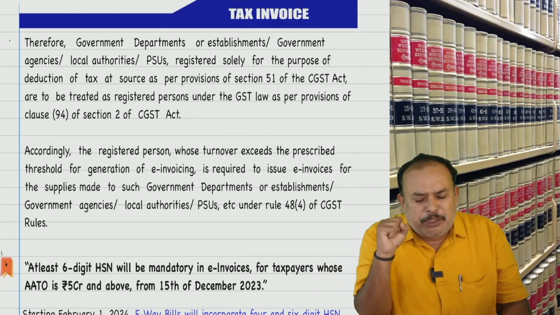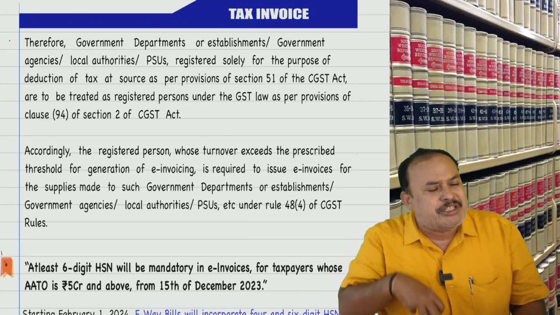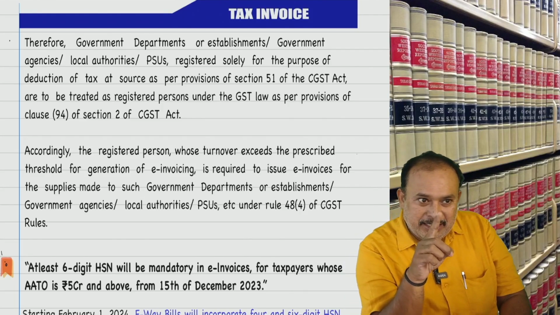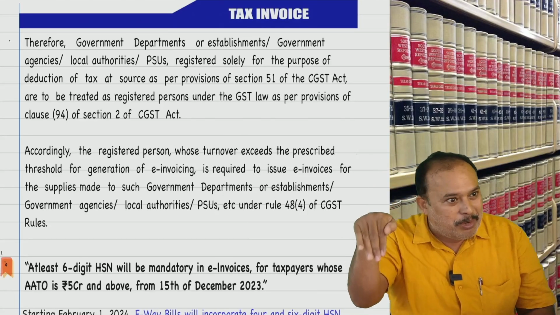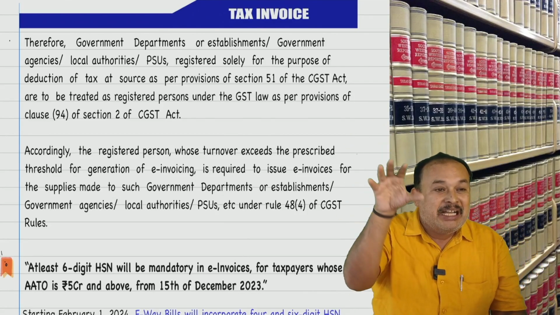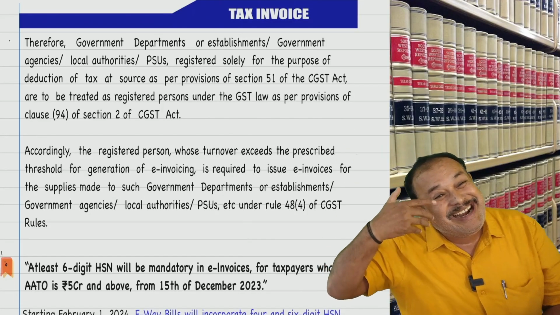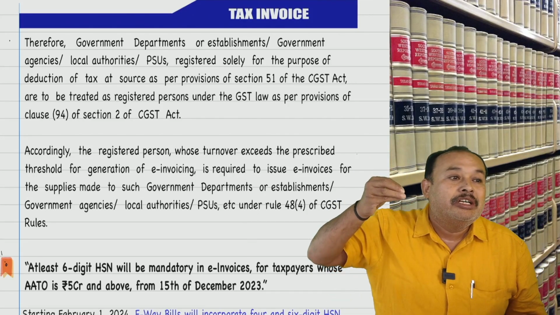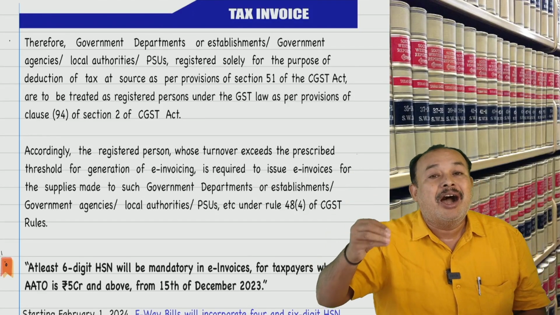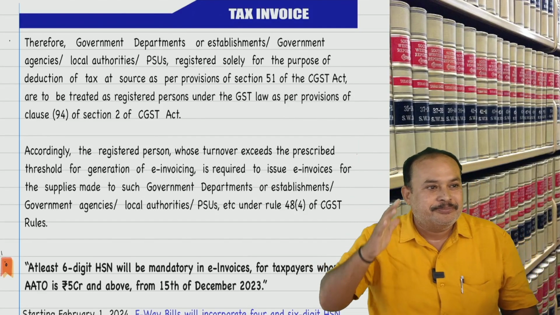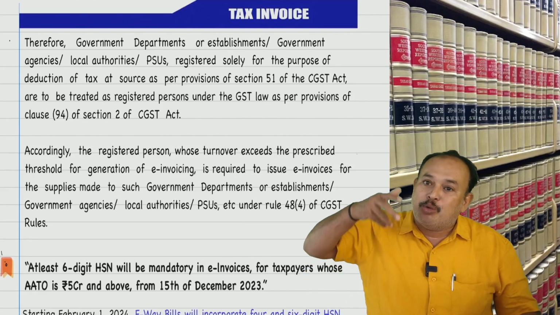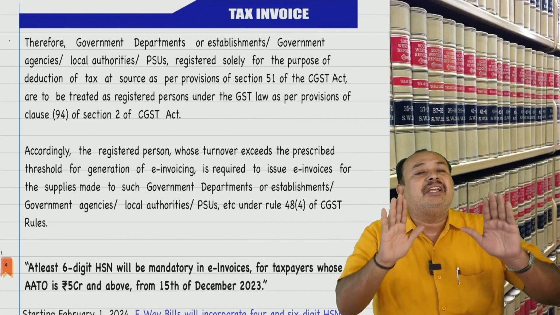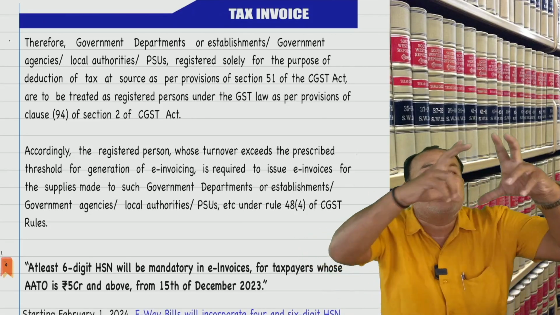Now the point comes into picture. Why did this circular come into picture? Generally, E-Invoice is also not applicable if a supplier whose aggregate turnover exceeded 5 crores supplied the goods or services to an unregistered person. If the goods are supplied to unregistered persons, presently E-Invoice is not applicable for the given transaction.